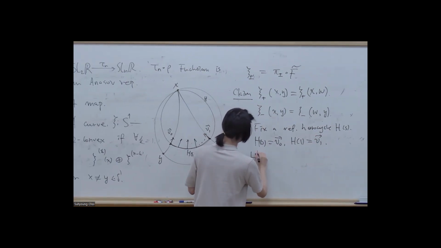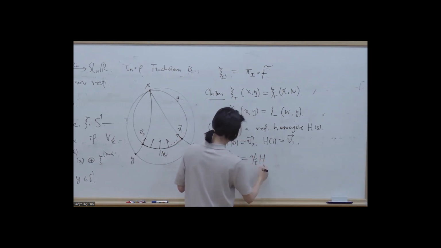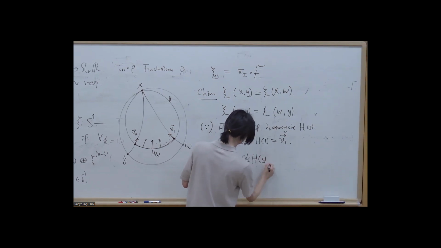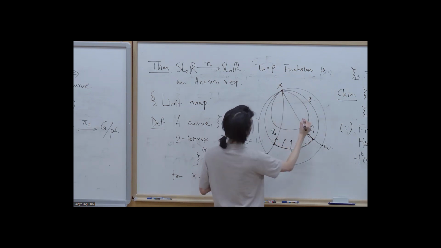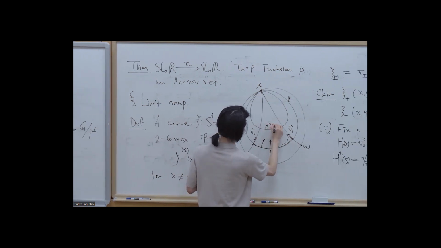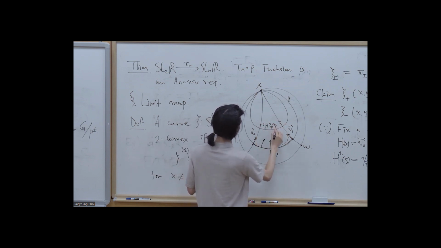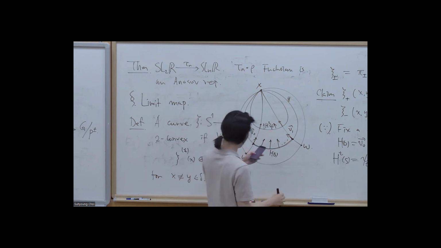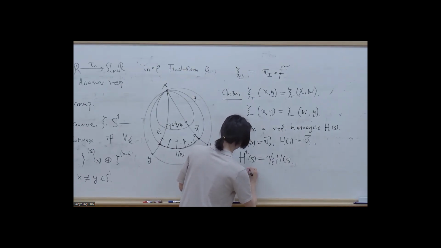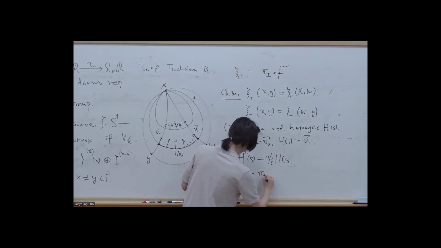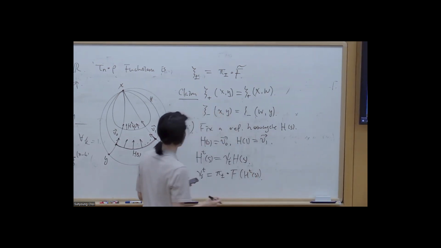Then we define h_t of s to be the flow by the geodesic flow. Basically, you just say something like this. This is h_t of s. Very bad drawing. And then we define the following map: gamma_t, pi plus composed with F of h_t(s).